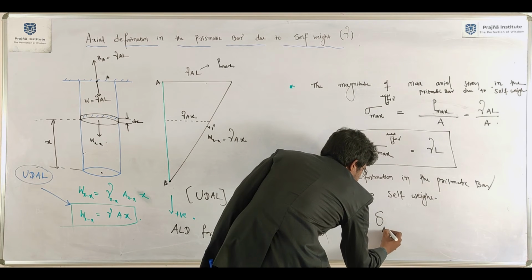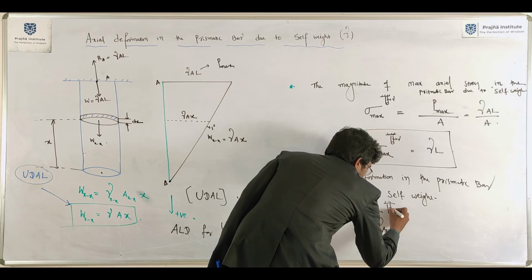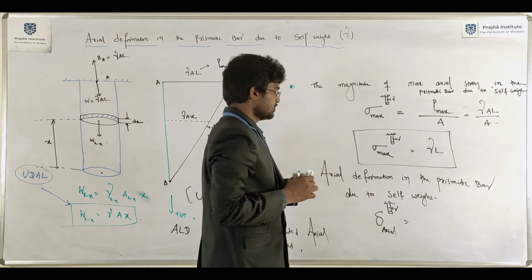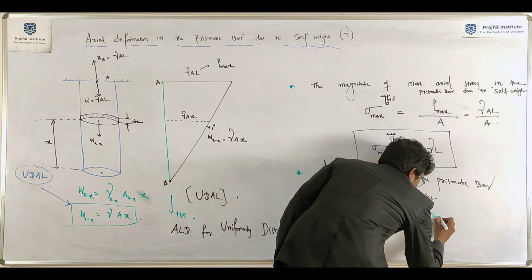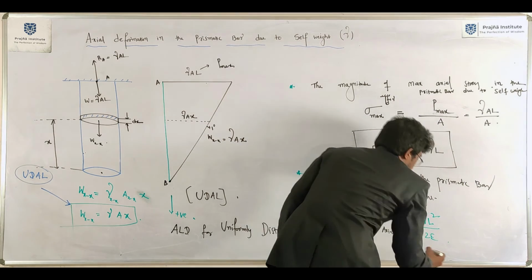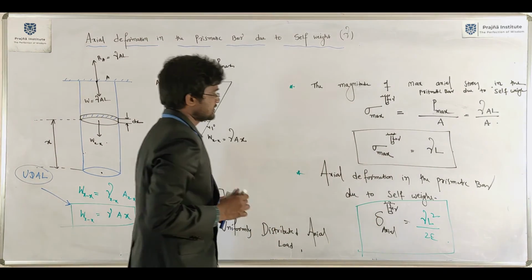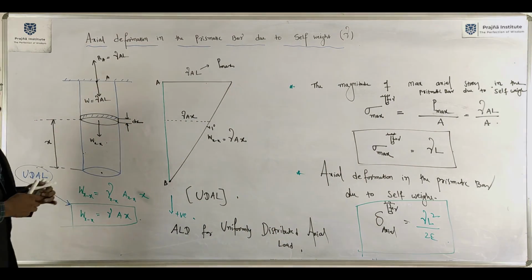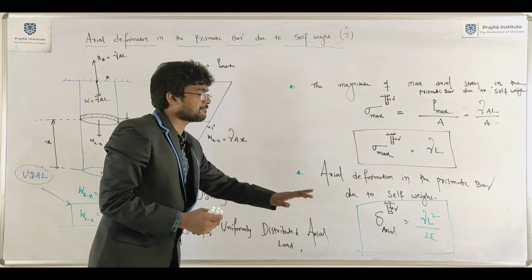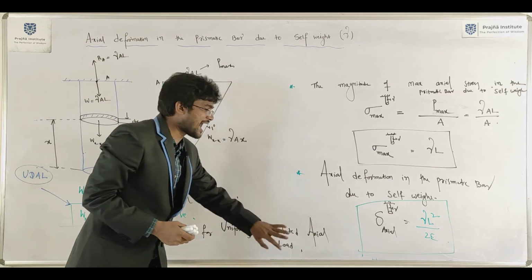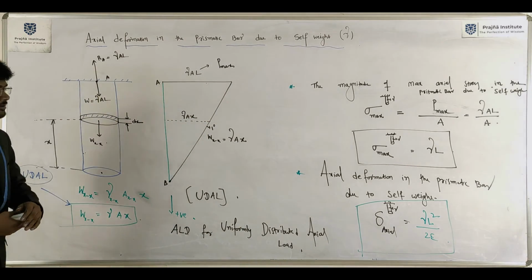Delta axial in the prismatic bar due to self weight equals gamma L square by 2E. Gamma L square by 2E. This is the beauty. So this is the way to determine the maximum stress and the axial deformation in the prismatic bar due to self weight.